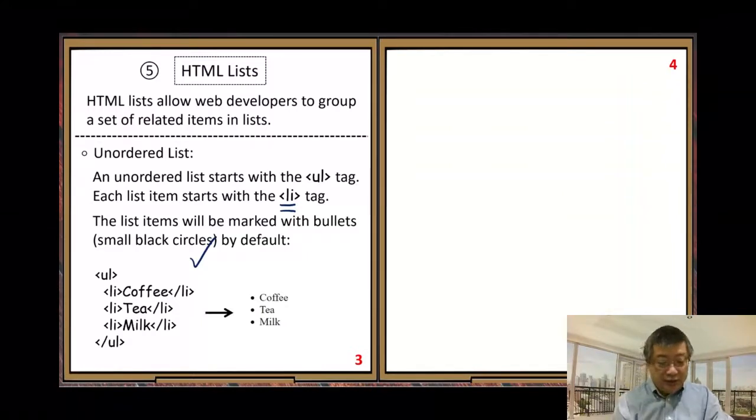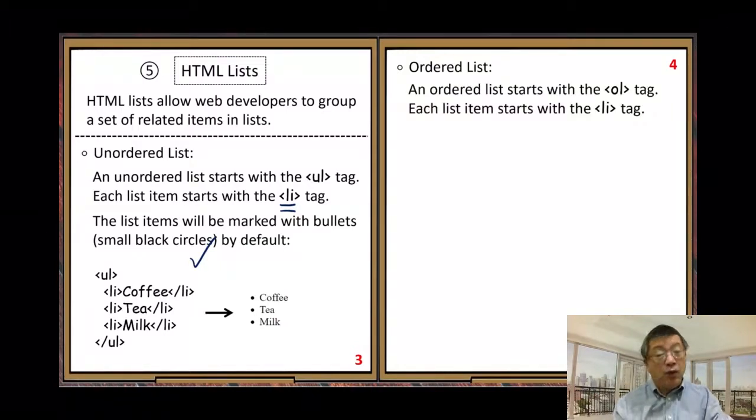Next, ordered list. Sometimes we need to put numbers, especially when we have a relatively large number of items. We want to put reference numbers for those items, so we can use an ordered list.